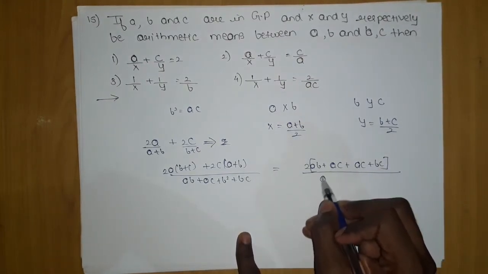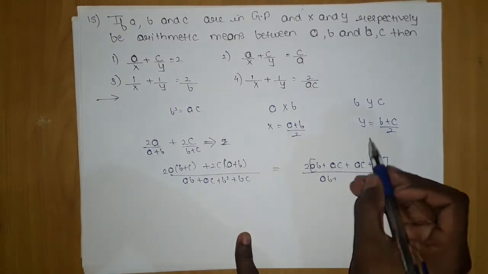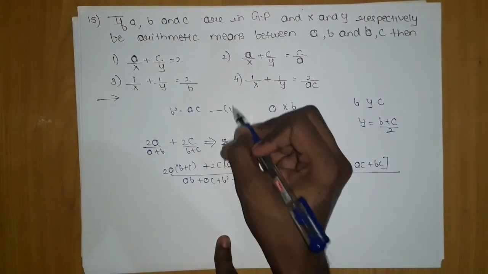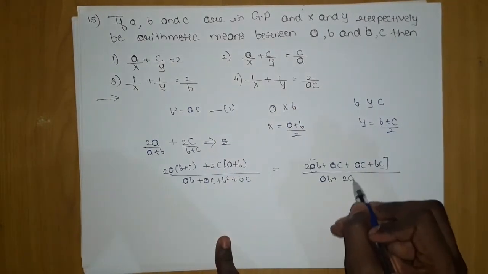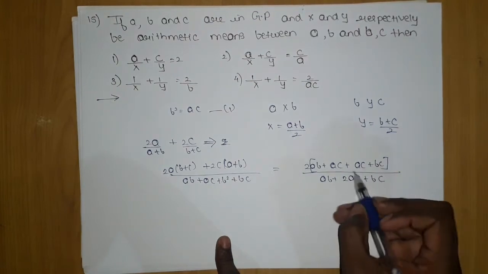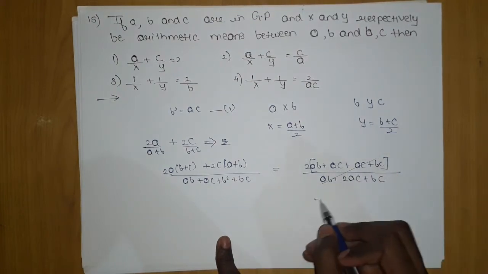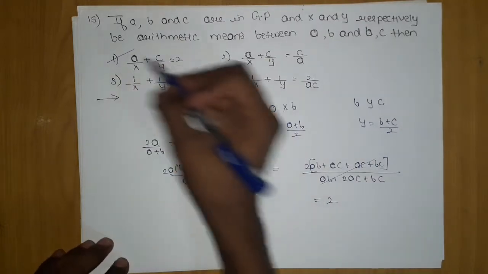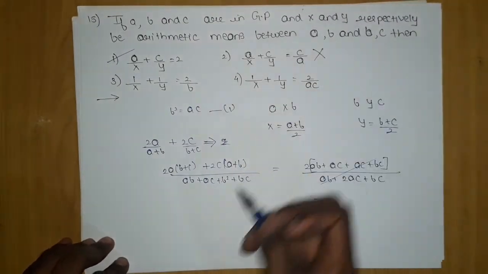This will become ab plus b square, I can write as ac. Using this, b square I can write as ac, so it will become 2ac upon bc. So here they will cancel out, giving me 2. So the first one is correct, which indirectly means that this one is incorrect.